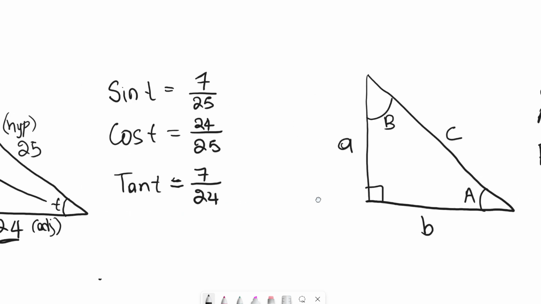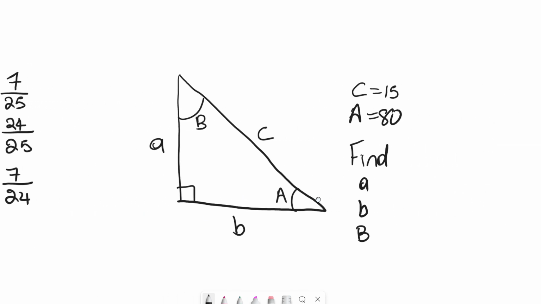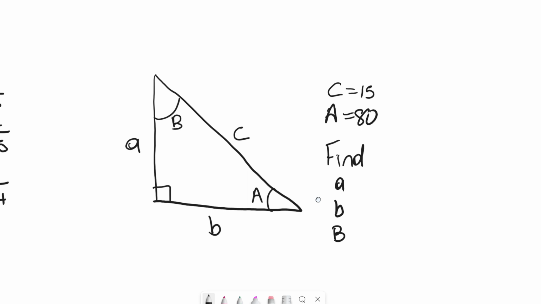Now let's look at another type of question we may be asked. Here they give us a triangle and we have letters. They told us that C is 15. This is my hypotenuse. And they told us that A is 80.